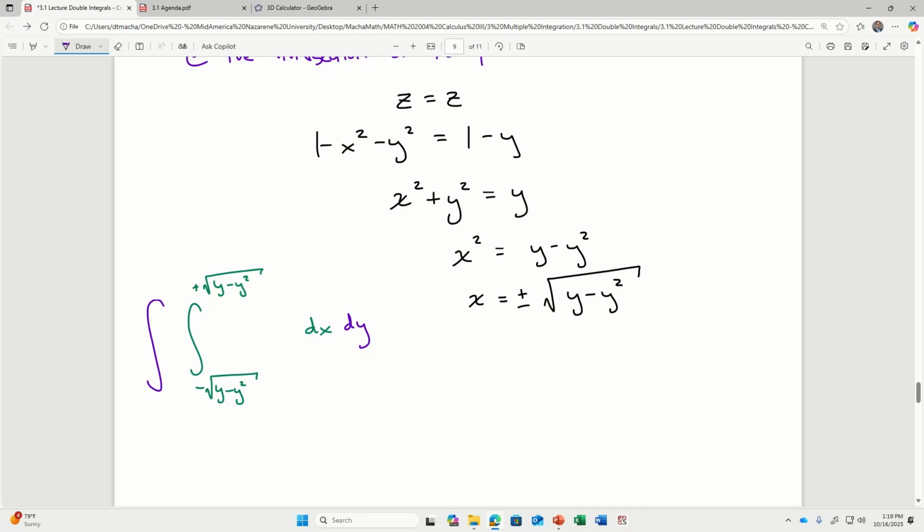Can I use -1? Because it'd be -1 minus 1, right? It'd be the square root of -2. Oh, that gives me an imaginary x.